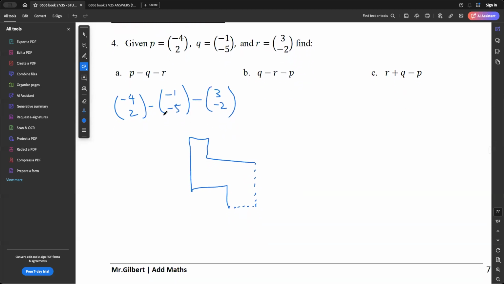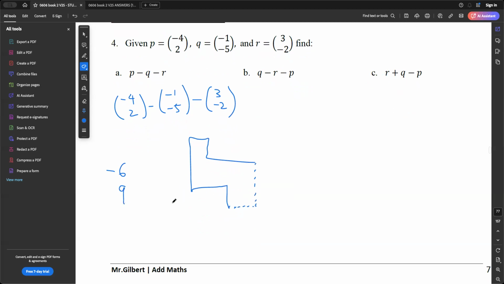But you can do this in calculation. You would have gotten negative 4 plus 1, negative 3, negative 6, 2 minus 7 plus this, so it's like 2 minus 7 and plus 9.